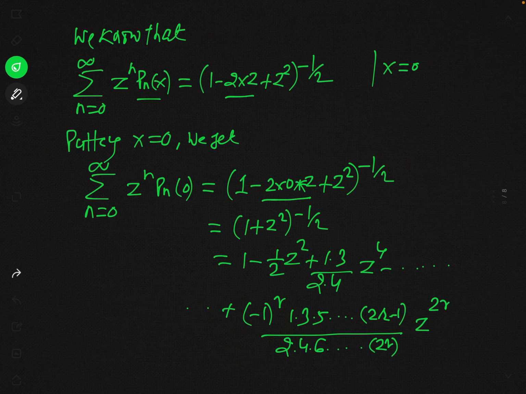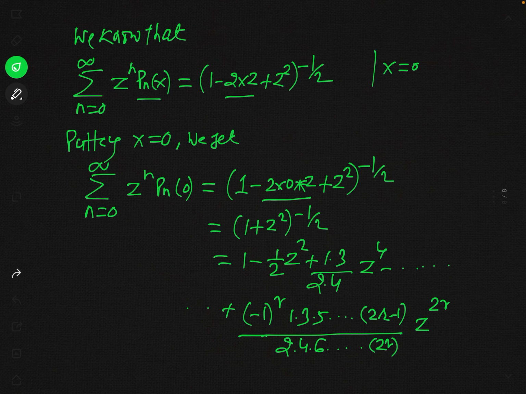By induction you can see, in the first term there is z to the power 0, the second term is negative and it is z to the power 2, the third term is positive and has z to the power 4. So it is an alternating series in which one term is positive, another is negative.